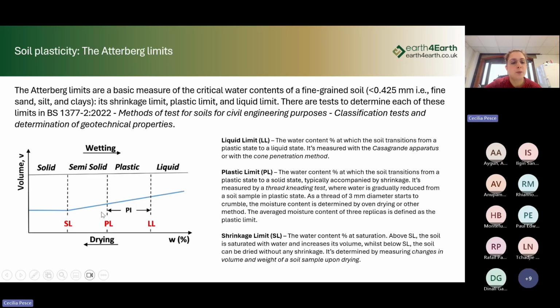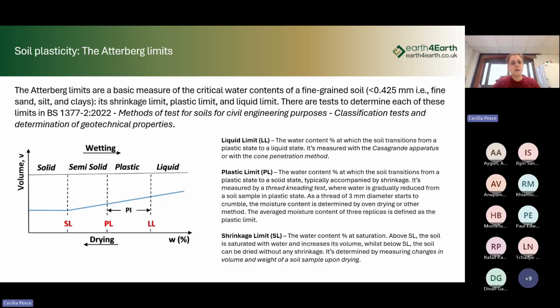And then we will reach a point where this is the plastic limit. The soil will start to have a plastic behavior, so it can be modeled and shaped. As we continue to add water to the soil, we will reach the liquid limit. At this stage, the soil will have basically a liquid behavior.